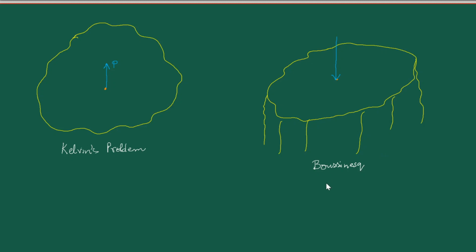I believe some of you have already come across the name Boussinesq in the context of heat transfer studies. There is a variant of this Boussinesq problem also. So suppose you have this kind of a situation again where we have this half space.